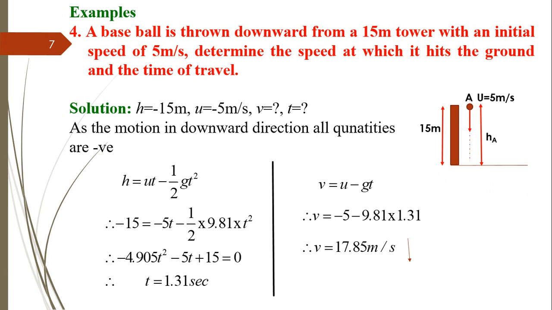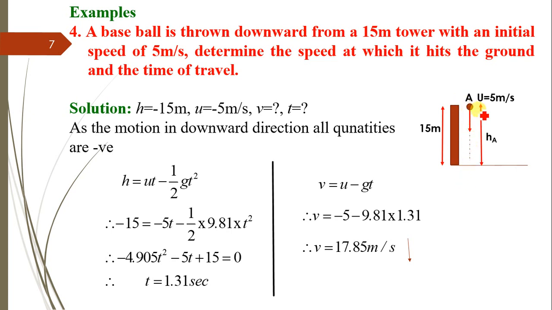Now the next example: a baseball is thrown downward from a 15-meter tower with an initial speed of 5 meters per second. Determine the speed at which it hits the ground and the time of travel. So here again, a baseball A is thrown in the downward direction.